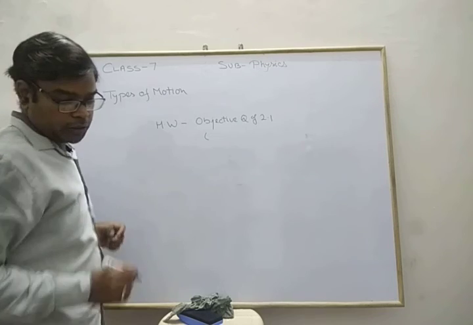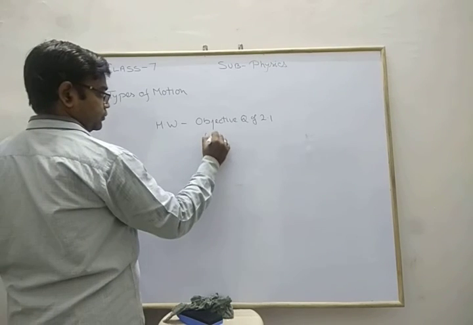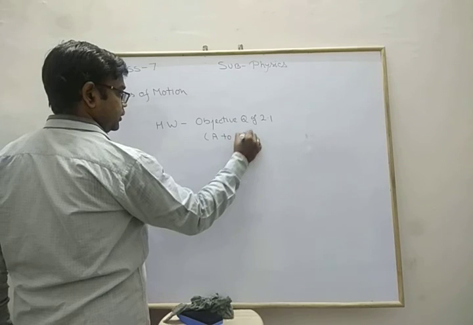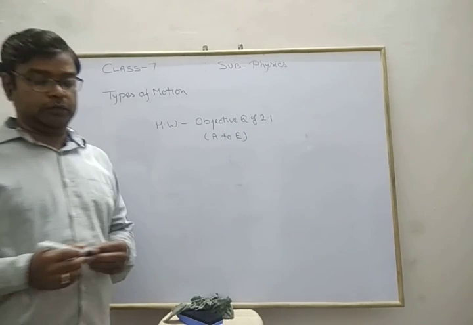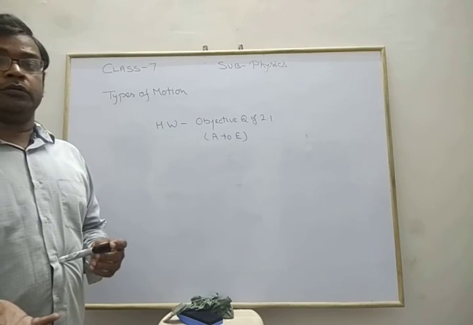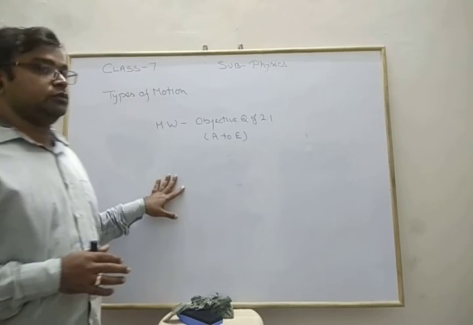Objective questions means from A to E. You solve these questions by yourself. I will provide you the solution after your homework, but not today. So all of you solve this by yourself.